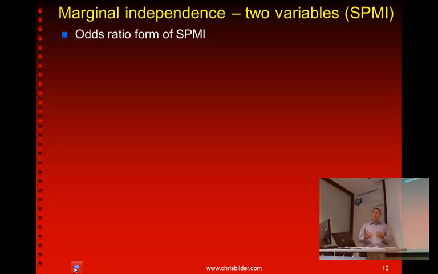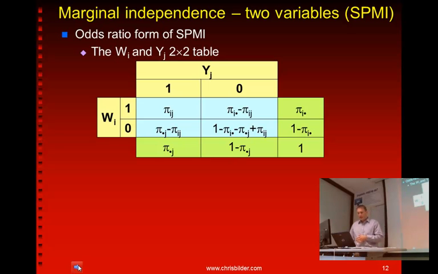Now, you can also represent this in terms of odds ratios. If you haven't had a categorical data analysis class, maybe you haven't looked at odds ratios before, that's okay. I know none of you have had a categorical class, so I'm going to still cover this. You don't need to know exactly what odds ratios are in order to do our corresponding project. Here's one of those 2x2 tables again, now written in terms of our notation.